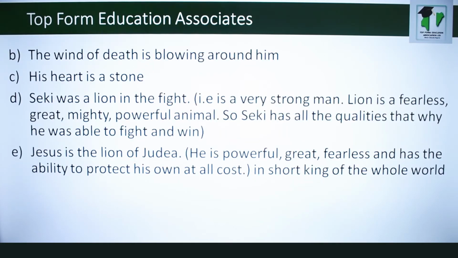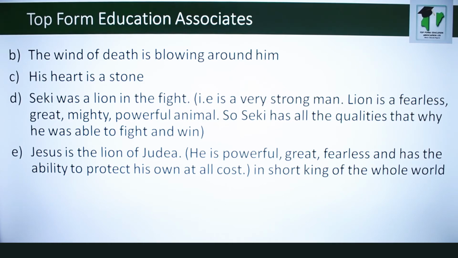Then example B, the wind of death is blowing around him. It's still an expression equating, telling us that the wind here, referring to death, is blowing around somebody. Of course, you should know what the person is talking about here.